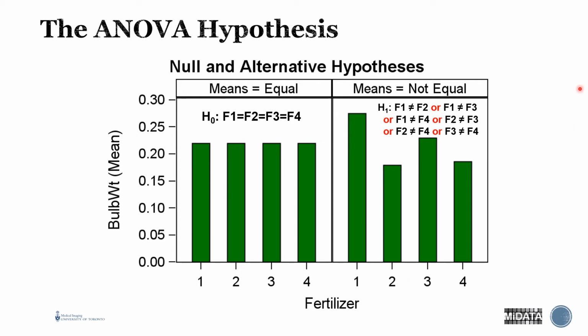Your alternative hypothesis, though, is that a statistically significant difference would exist between any 2 of your levels. So you have various combinations possible, and in the case of 4 levels in your group variable, you have 6 possible combinations. So don't forget that your alternative hypothesis is just saying there's at least one of those 6 different pairings that could be statistically significant.